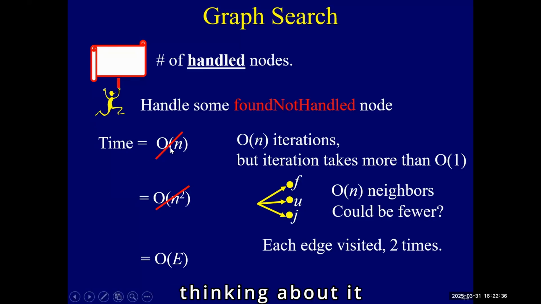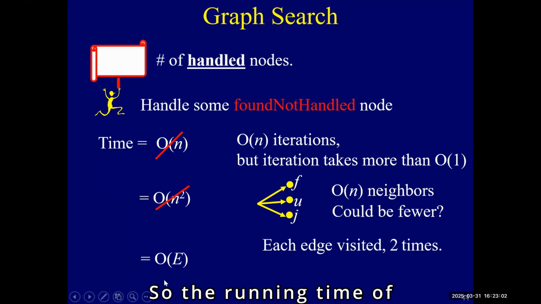Another way of thinking about it is each node that you handle, if I'm handling this node, then I have to handle its edges, right? And so the time to handle a node is proportional to its degree, right? And so then the time is the sum of the degrees, and the sum of the degrees is the same as the number of edges, right? Everybody kind of good with that?